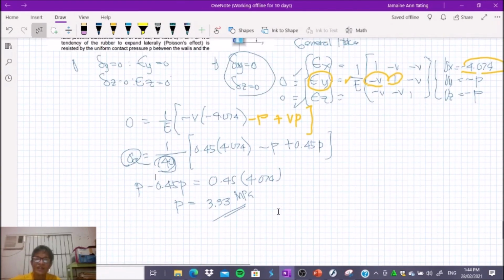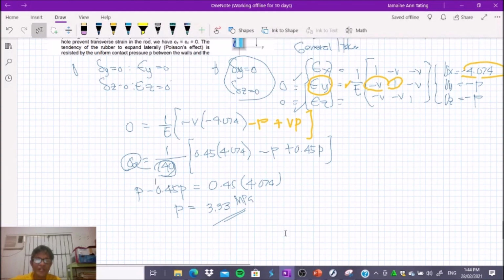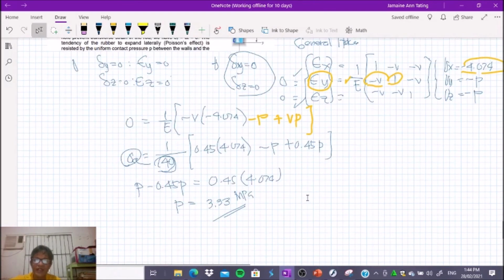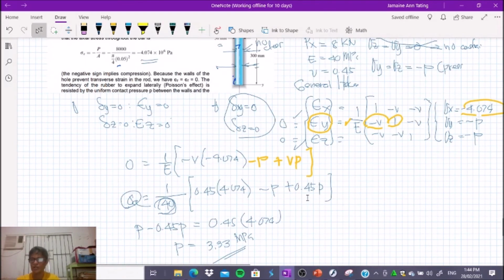Okay. Ngayon, ang tinatanong dito sa question is the deformation, determine the change in length of the rod. Kapag mga ganitong problem, nandito tayo sa General Hooke's Law, ang tatandaan nyo, kapag ang tinatanong nyo yung mga change in length, triaxial case kagad kayong problem natin.